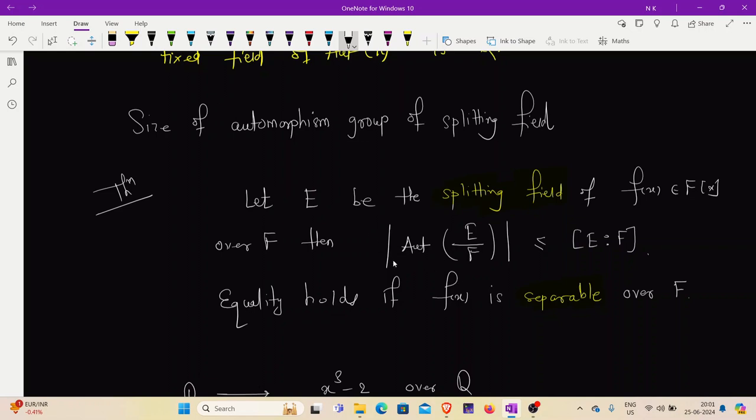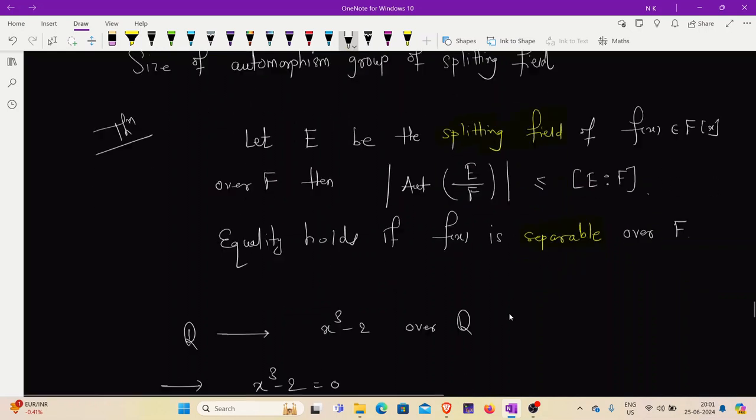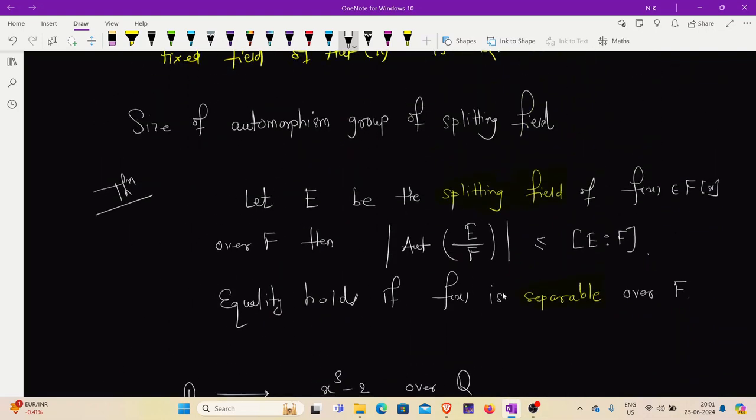So the general condition is that the set of all automorphisms of E over F has cardinality less than or equal to the degree of the given extension. Equality holds if and only if f(x) is separable over F.